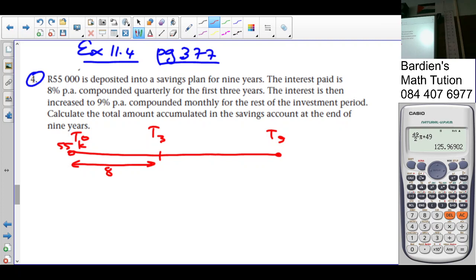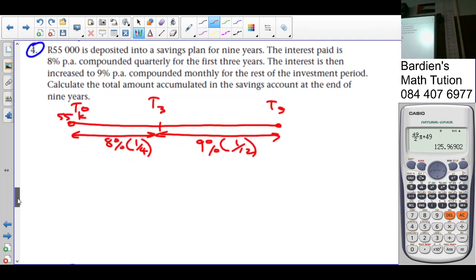The interest then increased to 9% compounded monthly for the rest of the investment period. Calculate the total amount accumulated in the savings account at the end of 9 years.